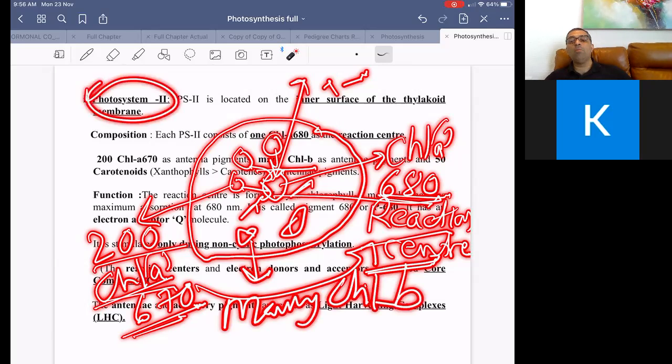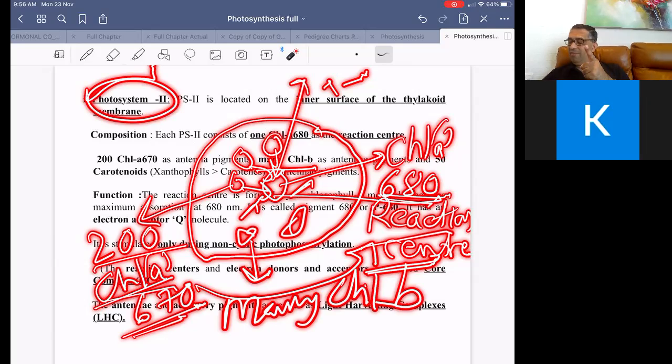Photosystem 2 में there are more chlorophyll B, and there are 50 carotenoids, same as PS1. PS1 also had 50 carotenoids. PS2 also has 50 carotenoids.